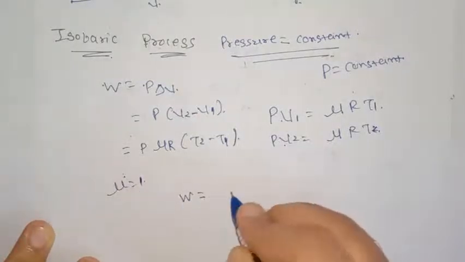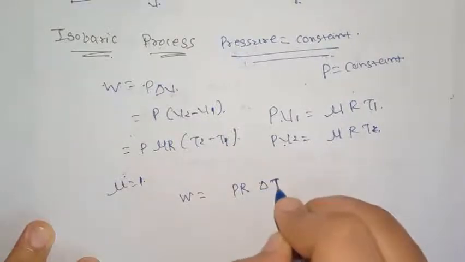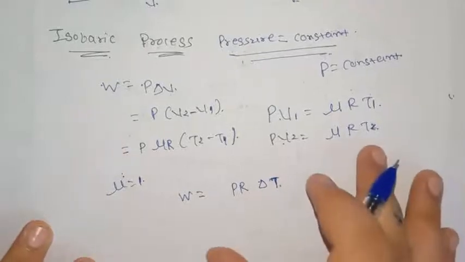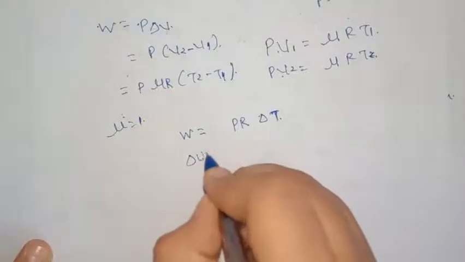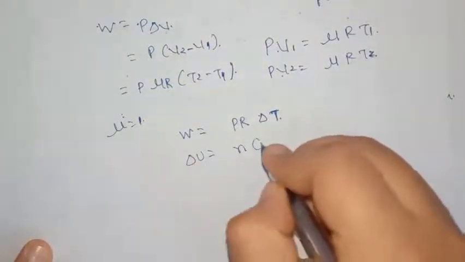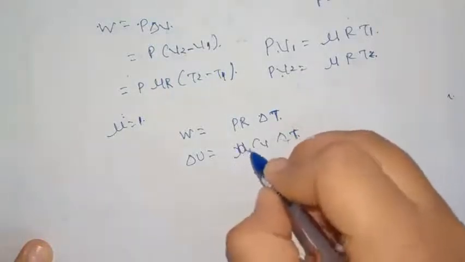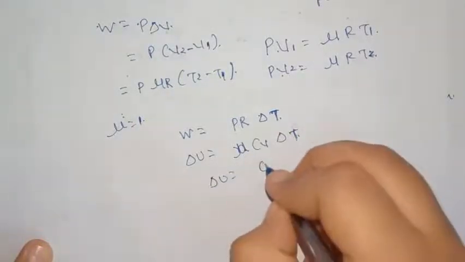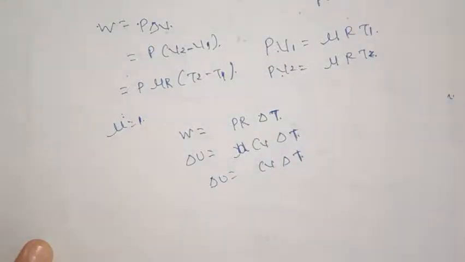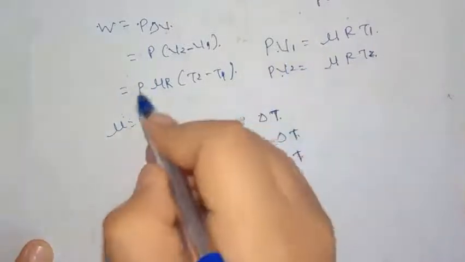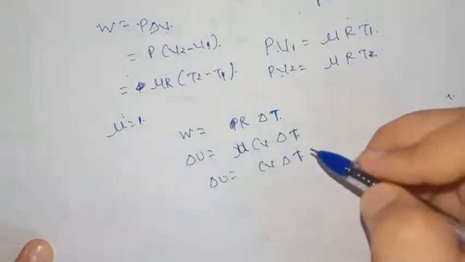Work done will be equal to R delta T. Now, delta U is nCv delta T. If we have taken μ equal to 1, then delta U will be equal to Cv delta T. So this P will get cancelled out, and this will be R delta T.